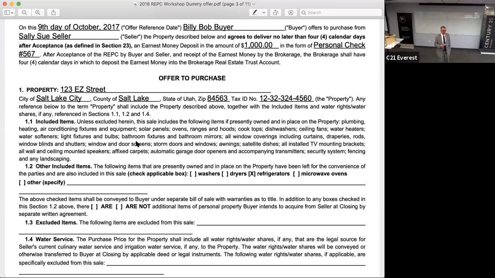The idea for me was that way you didn't ever miss something, because you put either an O or an X in every one of these. I don't think you necessarily need to do that, but it's always a good idea to scan over it to make sure you didn't miss something, because it happens from time to time. And the good news is you can always fix it later on by doing an addendum to the contract.